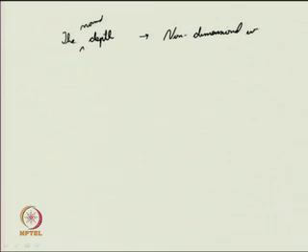The depth of flow or the normal depth can also be given in a non-dimensional way. That can be given as y n by B naught. So, that is your normal depth divided by the width of the channel, and you will get a non-dimensional form of the normal depth.